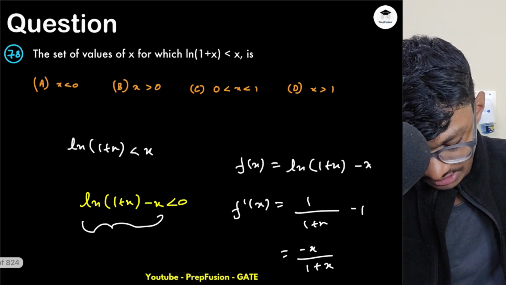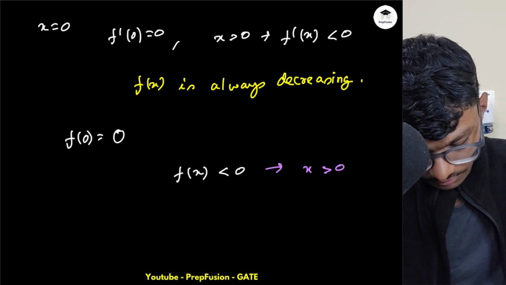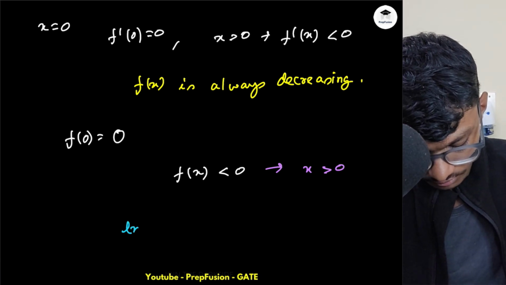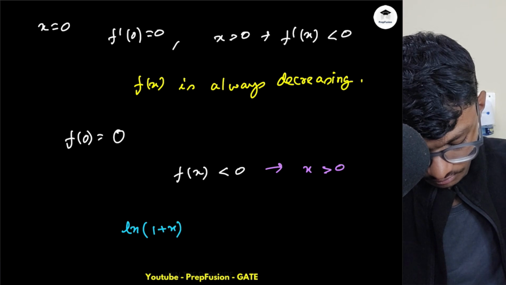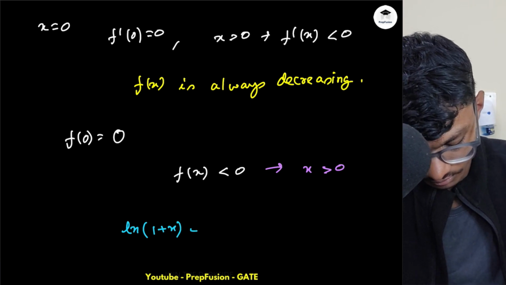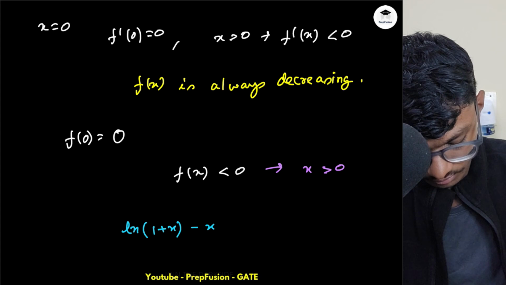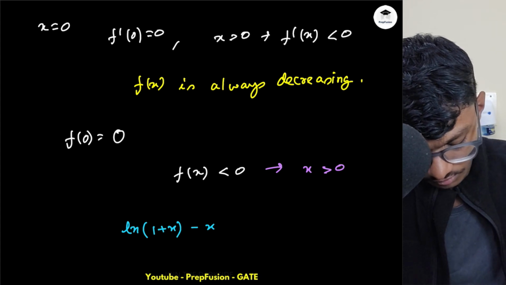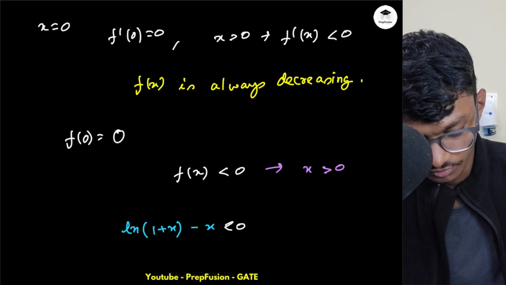So what is f(x)? f(x) is ln(1 + x) minus x, hence proved, right?